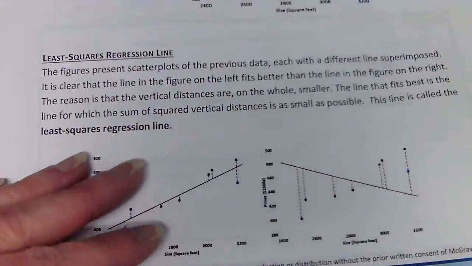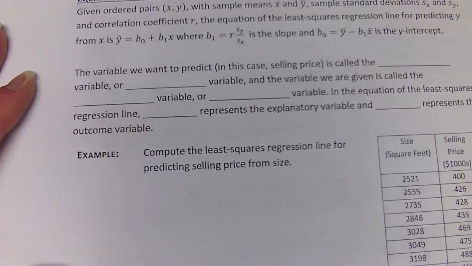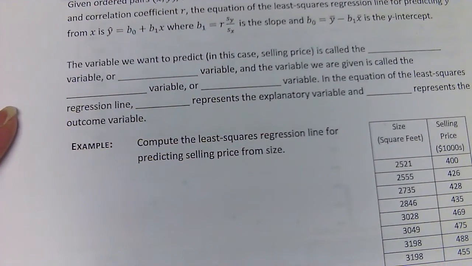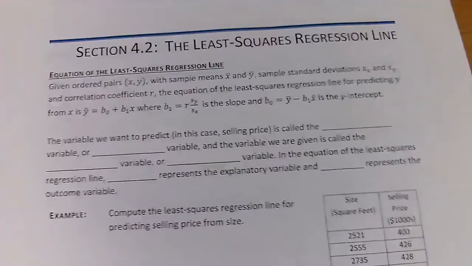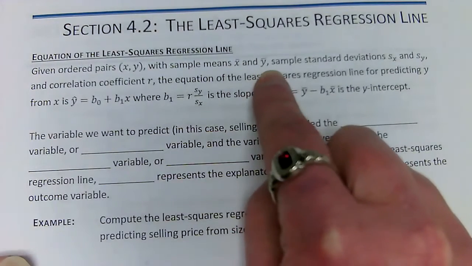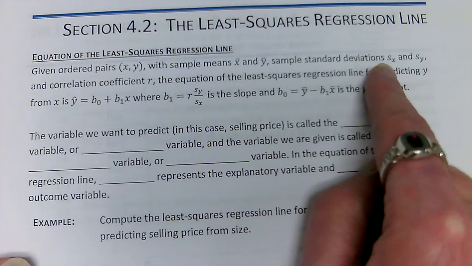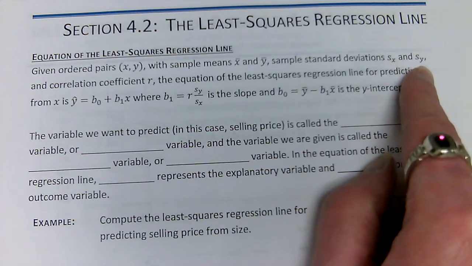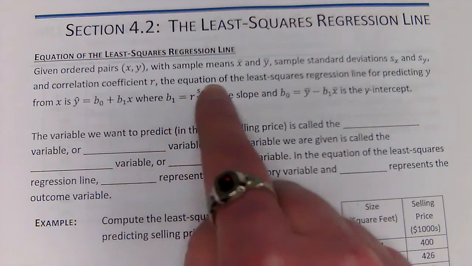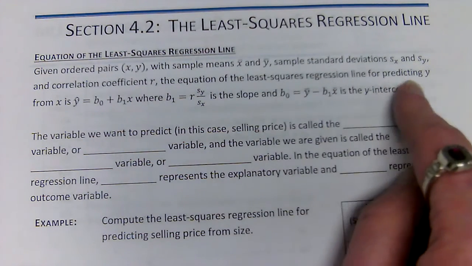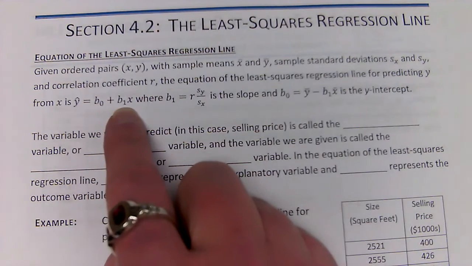Now we're going to look at two ways to find this line. The first way is by hand. And so given ordered pairs X and Y with our sample means, the mean of the X's, the mean of the Y's, standard deviation of the X's, and standard deviation of the Y's, and if we know the correlation coefficient, the equation of the least squares regression line for predicting Y is written as so.